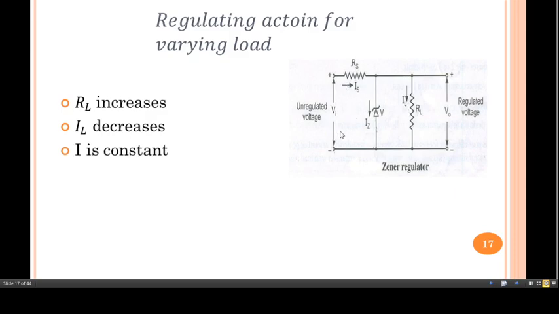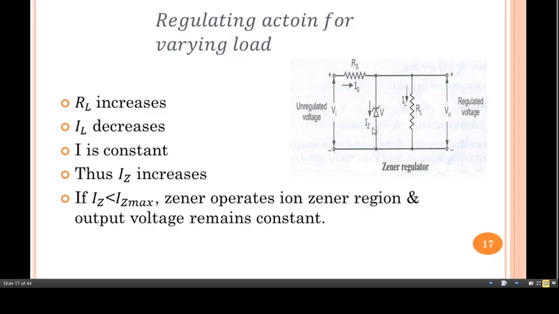Here Vin is constant, so the current entering the circuit, Is, is constant. If IL decreases, obviously the current through the Zener branch will increase, so Iz will increase, and if Iz is less than Iz max, the Zener will operate in the Zener region and the output voltage will remain constant. In this way we get the regulated output voltage when load increases.